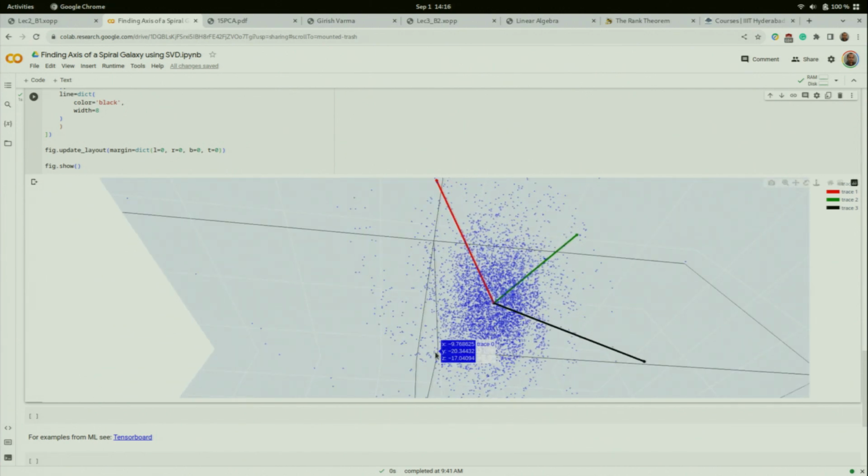You are given this matrix, where the number of rows is the number of data points and there are 3 columns. From that we want to find the red and the green axis. The red axis has the maximum variation in the data, and the green axis has the next maximum, and again these are orthogonal axes, at 90 degrees.